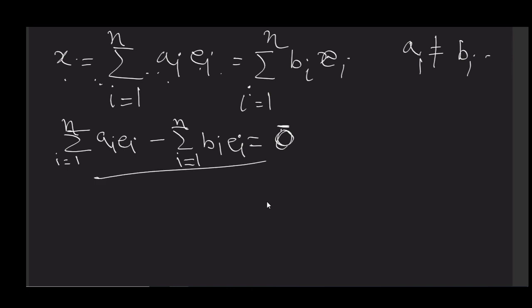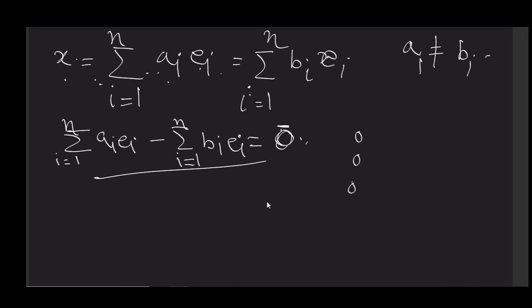Now x minus x, by the virtue of how we define the vector space structure, whenever we subtract one element from that same element, it will result in the null vector. This 0 is not 0, this is the null vector. So if it is an n-dimensional vector space, this is actually 0, 0, 0, all these zeros, right?